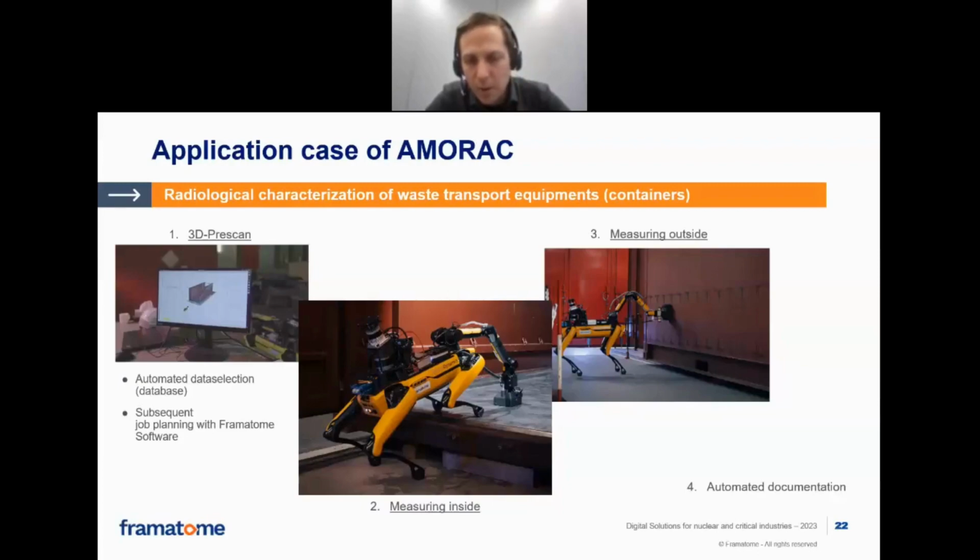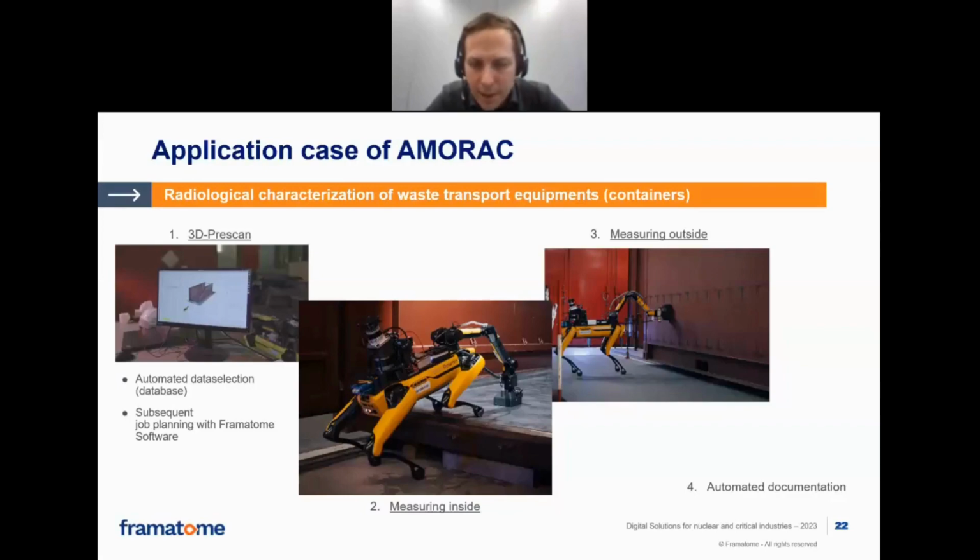You see these rectangles, which were defined as job areas by the operator, and for each rectangle, Amarok has measured it fully, completely. If there were, for example, a hotspot, it would mark it, or it can also write something on it. So the marking system is quite flexible, also with different colors and so on.